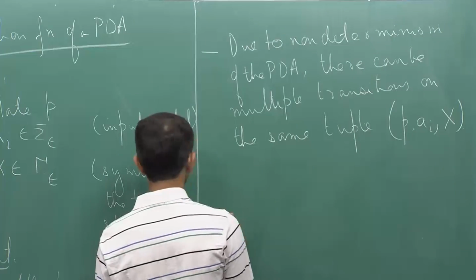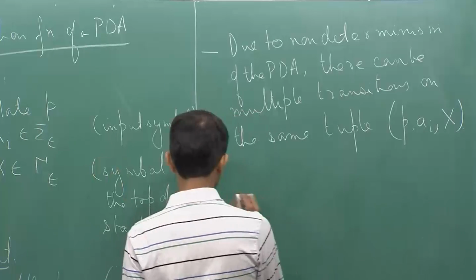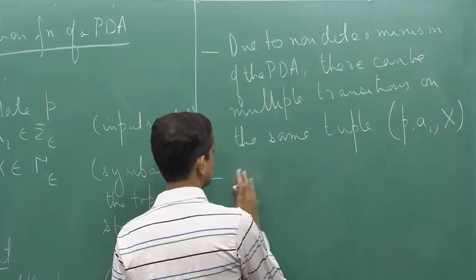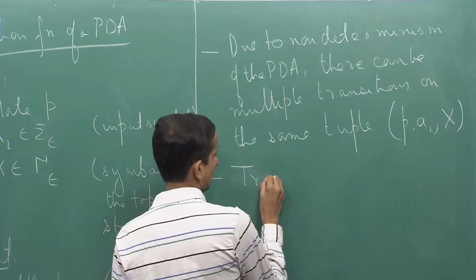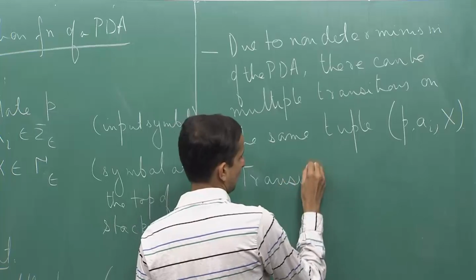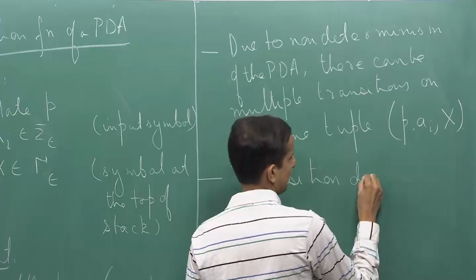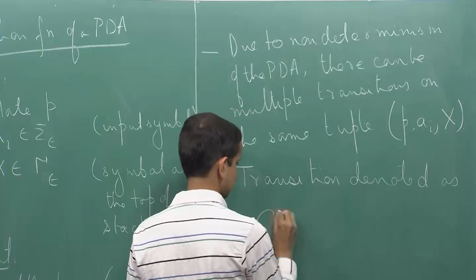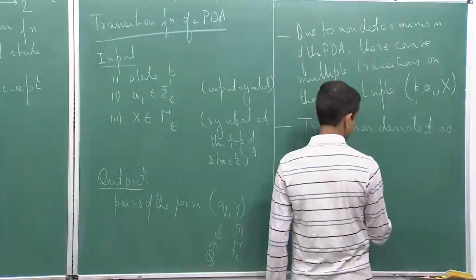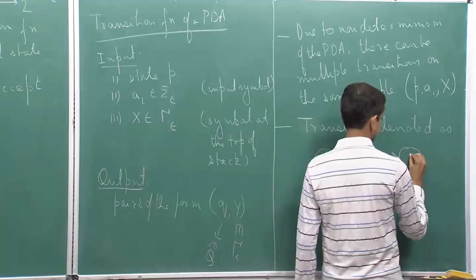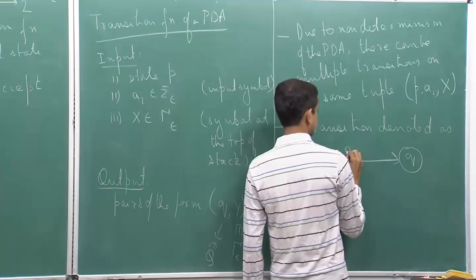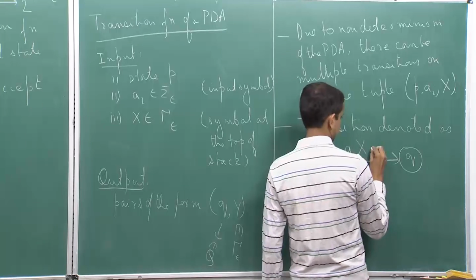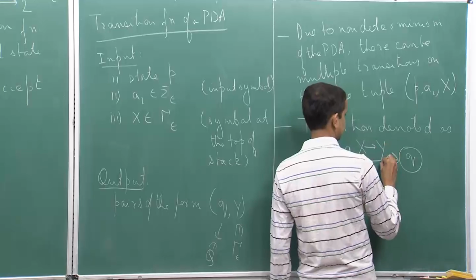This transition is denoted as: from state p you go to some state q on reading the symbol ai, and the stack symbol x gets replaced with y.